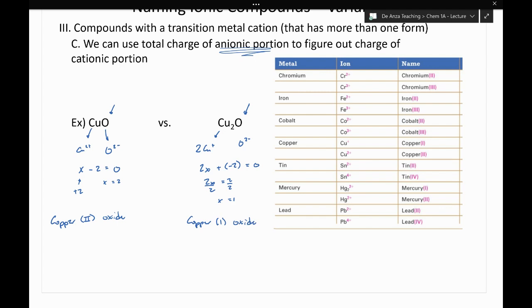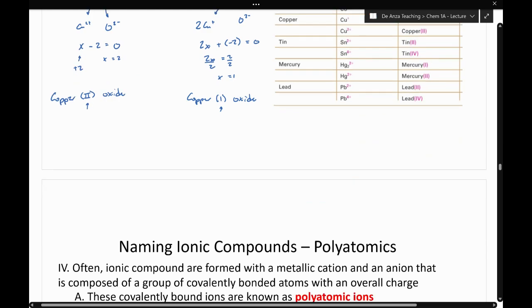And so you can see these names are both copper oxide, but the thing that changed was the 1 or the 2 that describes the charge. Okay? And this algebraic form of breaking it down to charge on your metal, which we called X, plus charge on your nonmetal, which in this case was minus 2, equals neutrality, is a really easy way to figure out the charges on your transition metals.